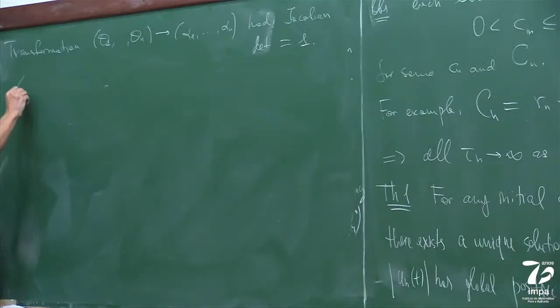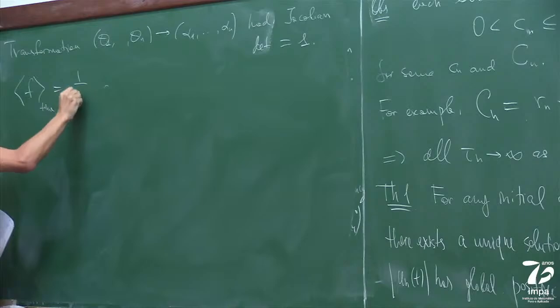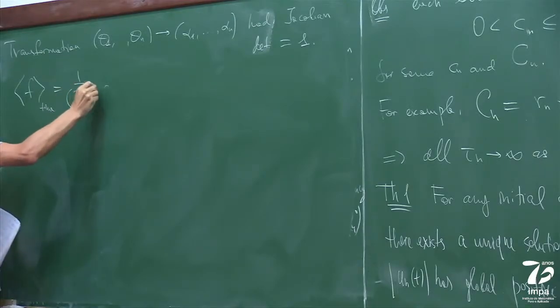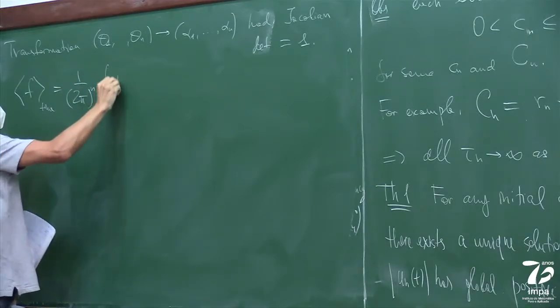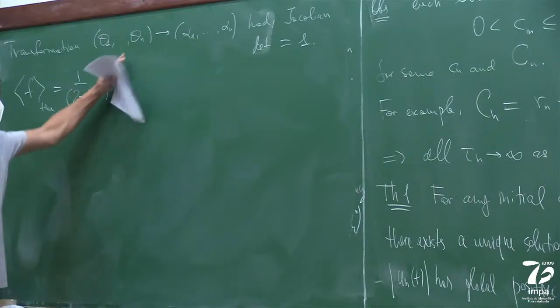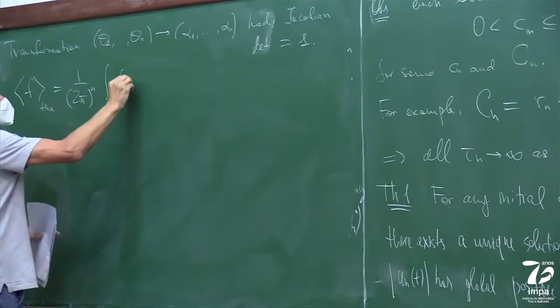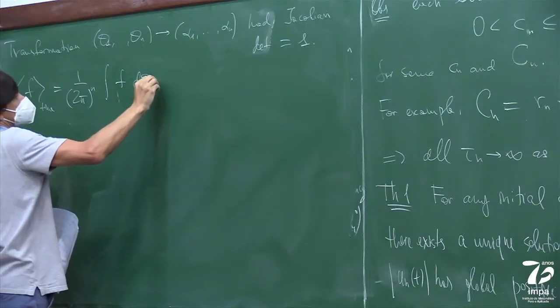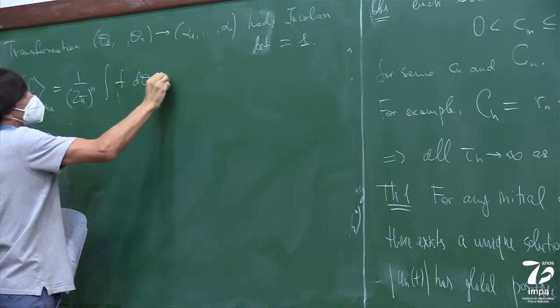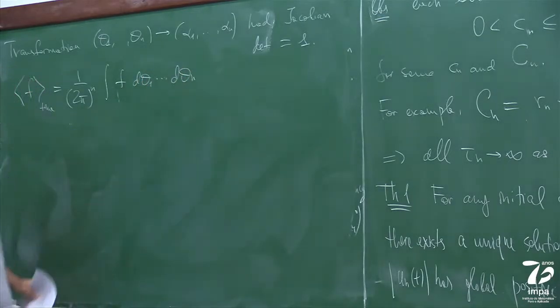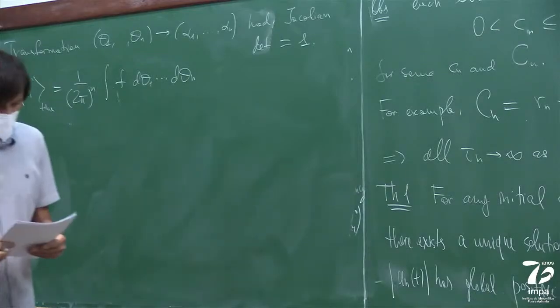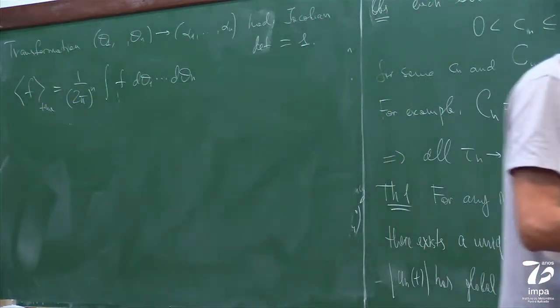So the average in time is the same as 1 over 2 pi to the n, integral of f of theta 1, ..., theta n. And now what's left is to take the right function f.